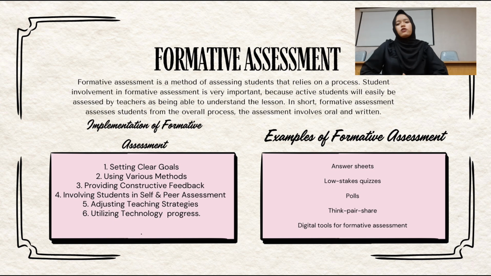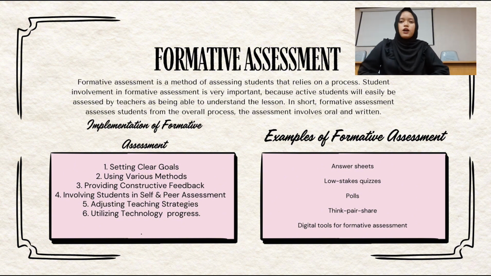And the implementation of formative assessment. The first is setting clear goals. Teachers establish success indicators and give students an understanding of learning expectations. The second, using various methods, such as open-ended questions, short reading tasks, discussion, and reflective journals.